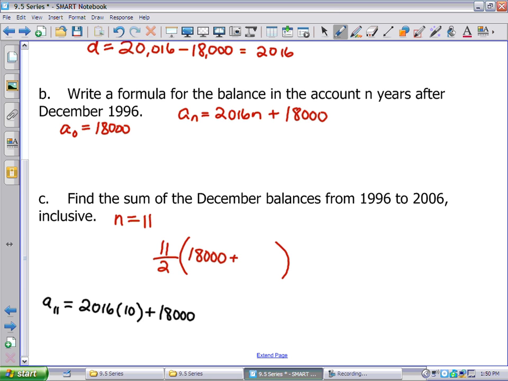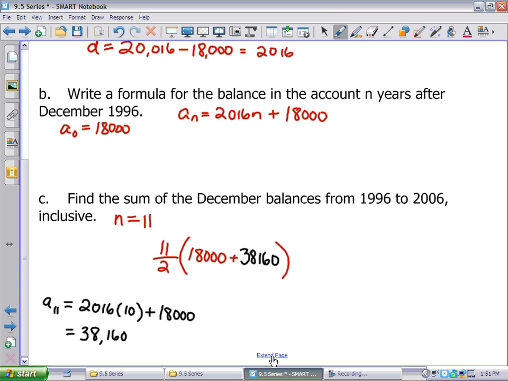I'm taking 10 years of that and adding it to our original balance because that 18,000 does include our original balance, so our first year. Okay, so that total should come out to be 38,160 in the 11th year. So we're going to add that up here, 38,160.